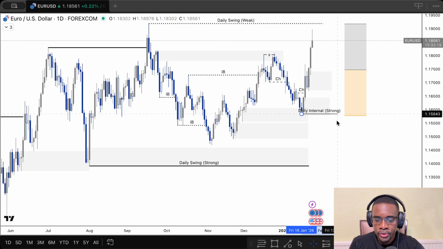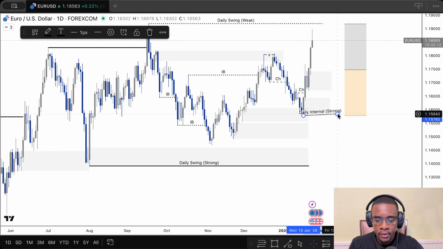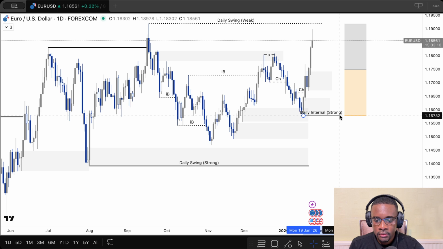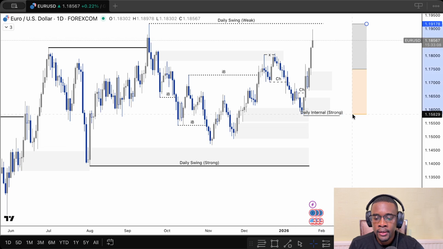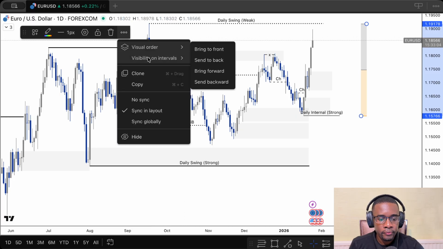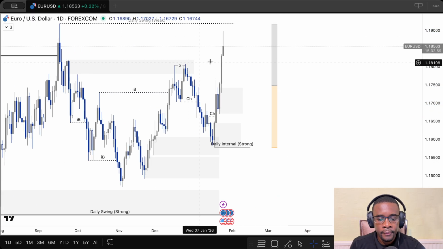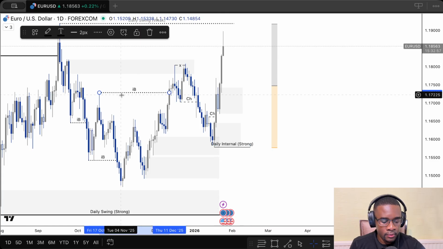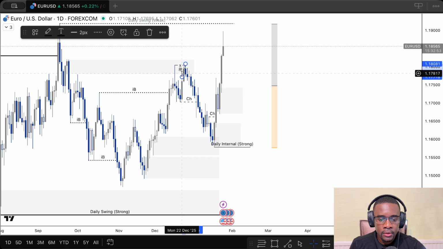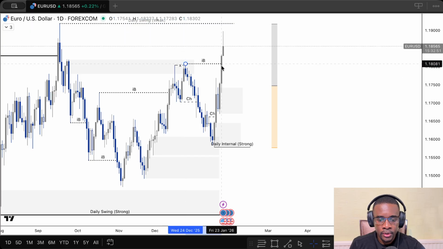This is now our strong low on the daily. Right there, that's our new internal break of structure.